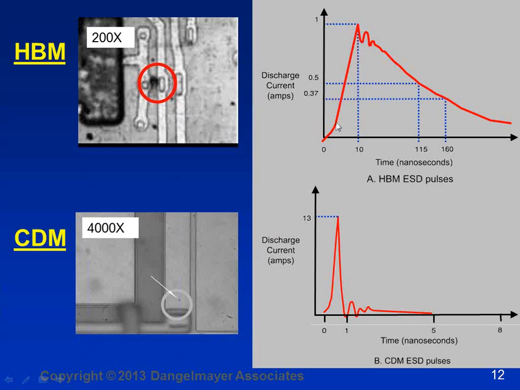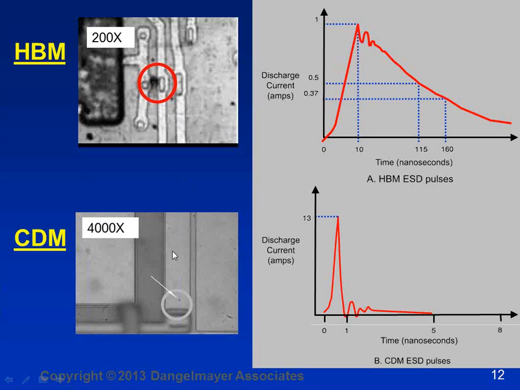And on the right, you see the transient that represents the HBM stress test. And you see the pulse duration is in the neighborhood of 160 nanoseconds with a 1 amp peak current level.